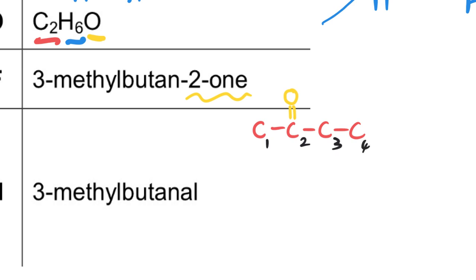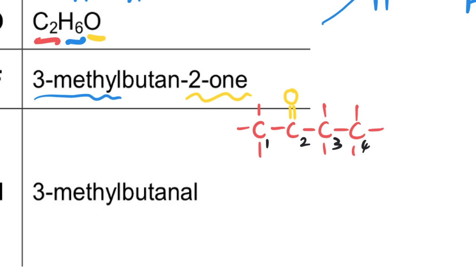And each of these carbons is going to have 4 bonds. So we just use the circle test again. 1, 2, 3, 4. 1, 2, 3, 4. That's all fine. And we have 3 methyl.